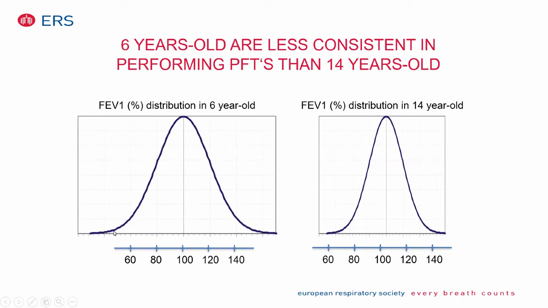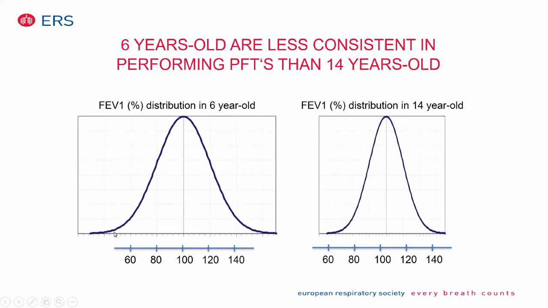They will have very low FEV1 values, percent predicted for the age, because they're just technically not so good at doing it, and other ones will have higher values. While if you look at the 14-year-old children, they will be more standardized. They will all be around the mean, more able to do it the same way, and therefore the shape of the curve will be much narrower, and you will have more narrow normal values.